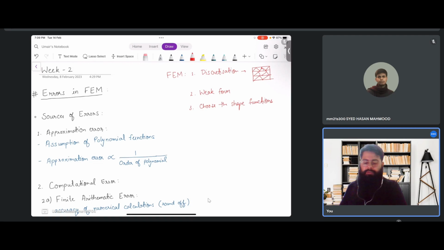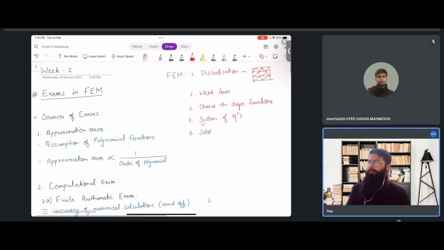Then with these chosen shape functions, we apply them in the weak form and get our system of equations. Finally, when we have the equations, we solve them to get the solution of the given problem for each node. So that's pretty much how the finite element method works. That was discussed in detail in part one of this course, and we summarized it in week one.